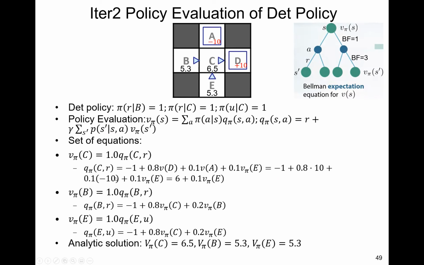If you go right, you have an 80% chance of moving into D, a 10% chance of moving into A, and a 10% chance of moving into E. So you get a set of equations, and you solve to get the new value function for the deterministic policy, which is 6.5, 5.3 and 5.3.